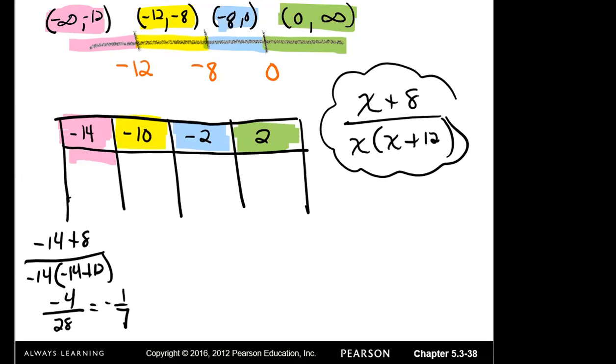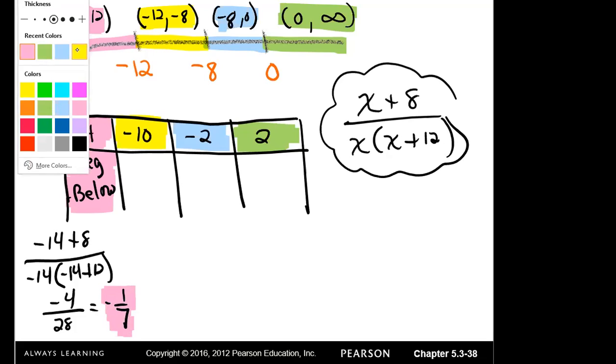So for the pink one here, I get a -1/7. That is negative, so it is below the x-axis. That means it's going to be in quadrant 3 or 4 in that interval.